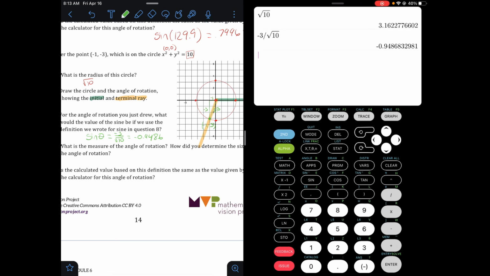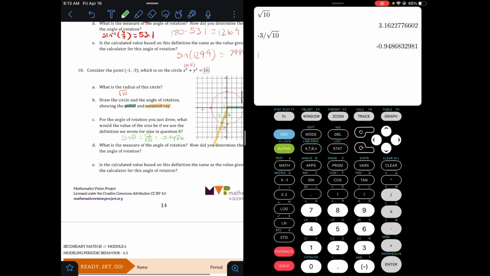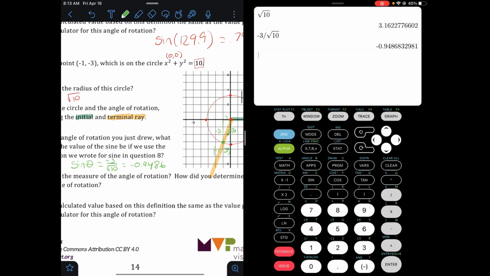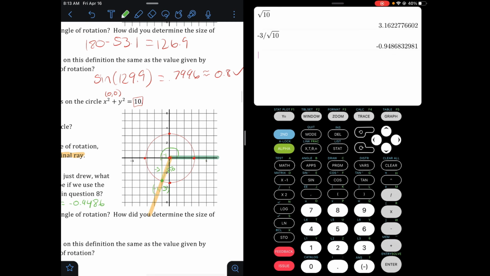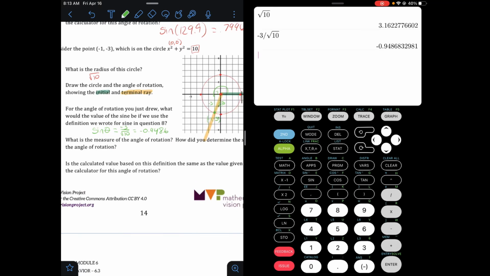Then it says, what is the measure of the angle of rotation? How did you determine the size of the angle of rotation? We said that sine of our angle of rotation, sine of theta, is going to be -3 over root 10.